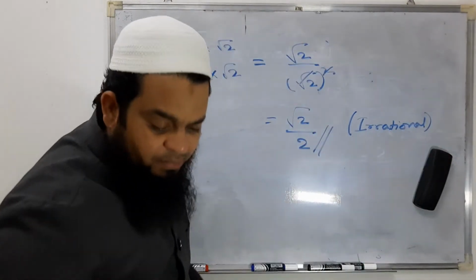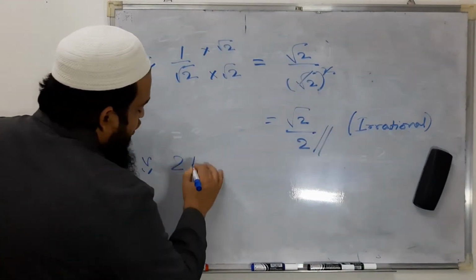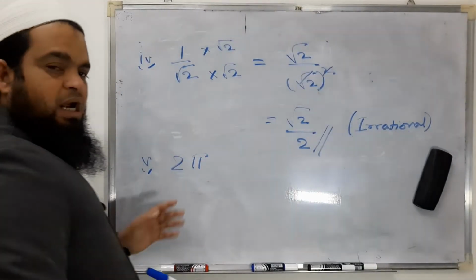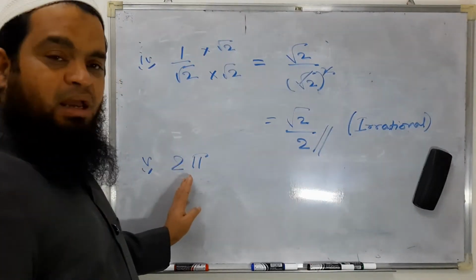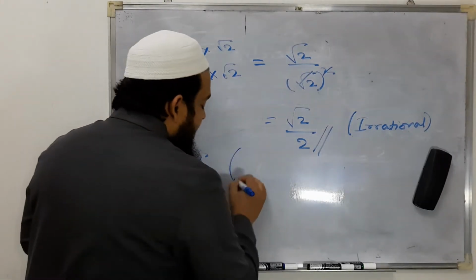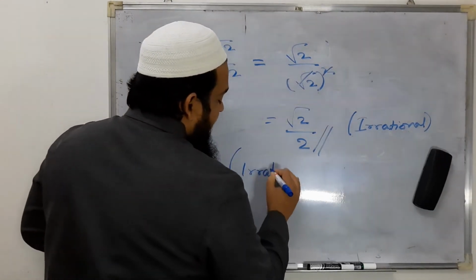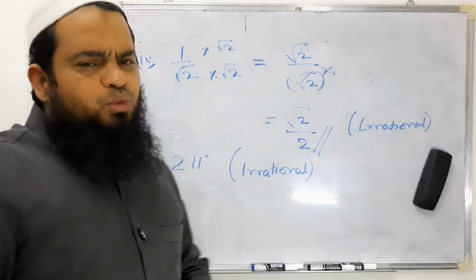Then the last one, the fifth one, is 2 pi. We know that pi is an irrational number, and multiplying any irrational number with a rational number gives you irrational only. I hope you understood this concept. The concept is very simple.